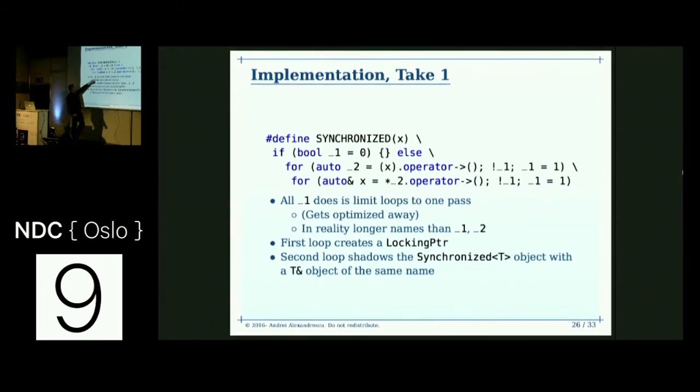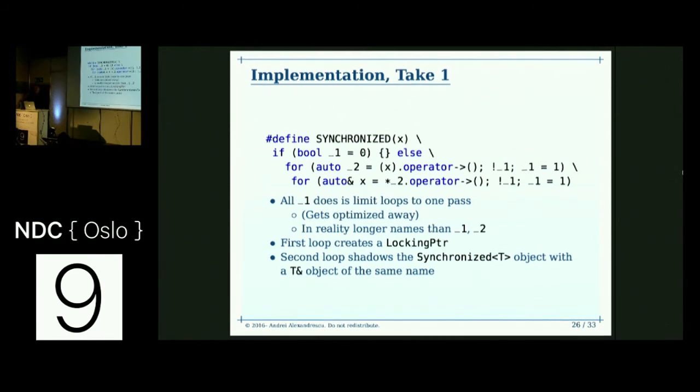So at this point, notice that I introduce x, which is a macro parameter, and effectively x is going to shadow the name x in the scope that's above it. And I redefine x to be, this time, a reference to, in our case, a vector.